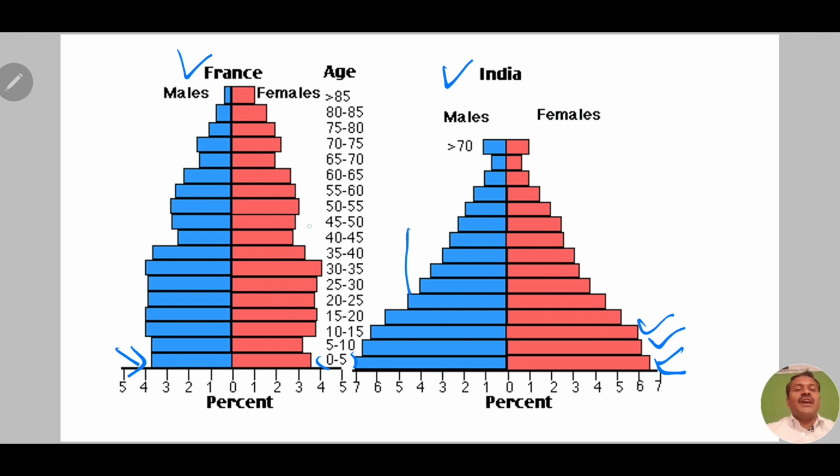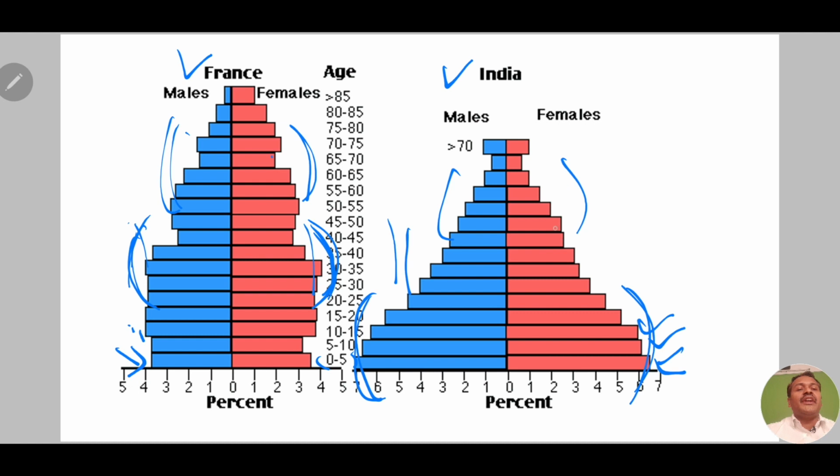Thereafter, the pyramid narrows for the middle age group. But in a European country like France, this part is a little bit wide compared to this part. But for us, India, this part is wide compared to all other age groups. Here there is also a huge population in the elderly age group in France, but in India it is very small.